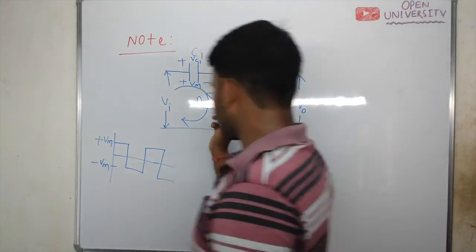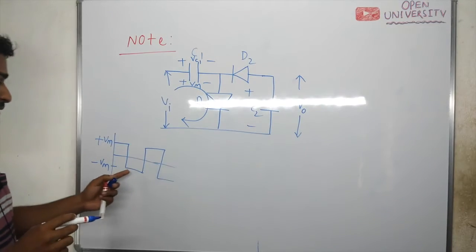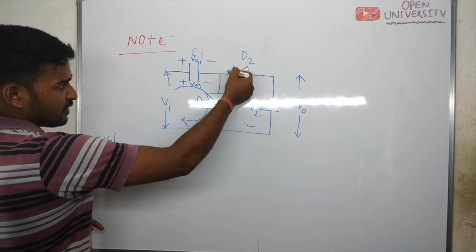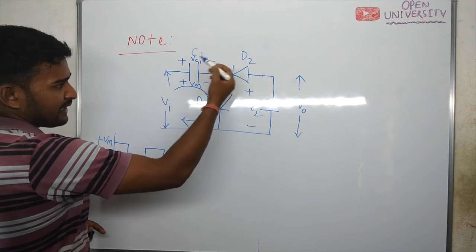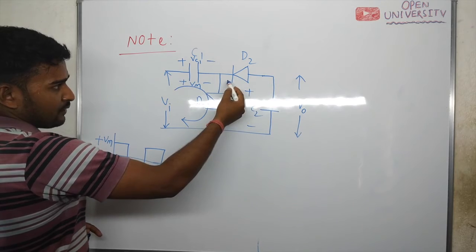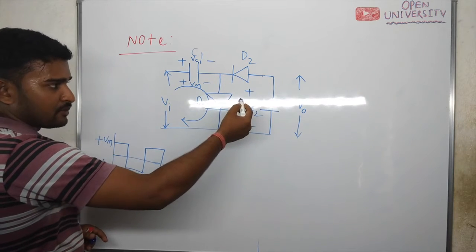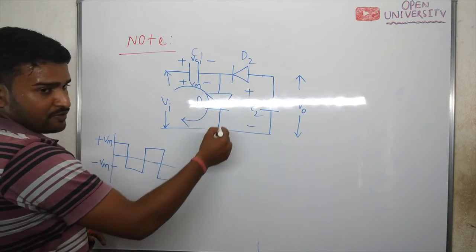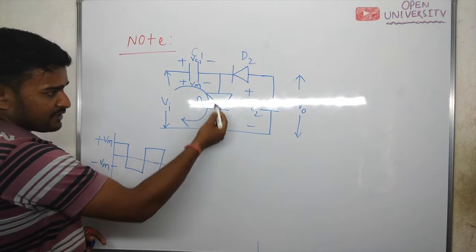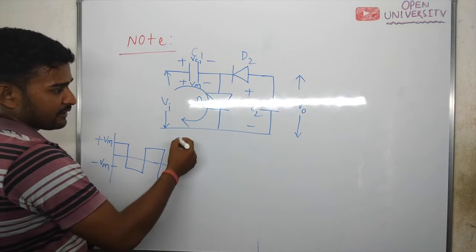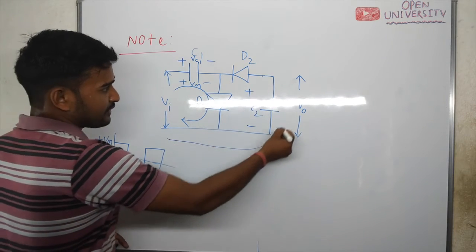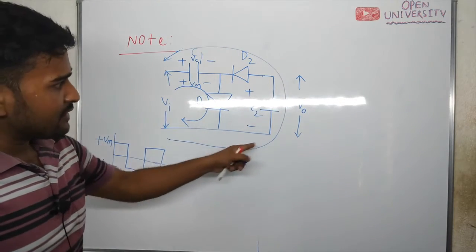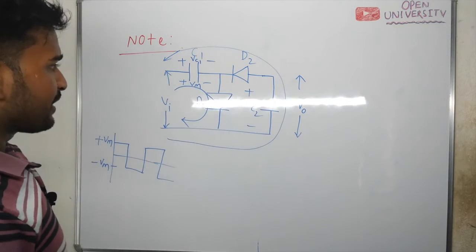When the input voltage Vi is negative, D1 becomes reverse biased and it will be replaced with an open circuit, and D2 becomes forward biased and will be replaced with a short circuit. Capacitor C2 will charge through D2 in this way. Up to what?